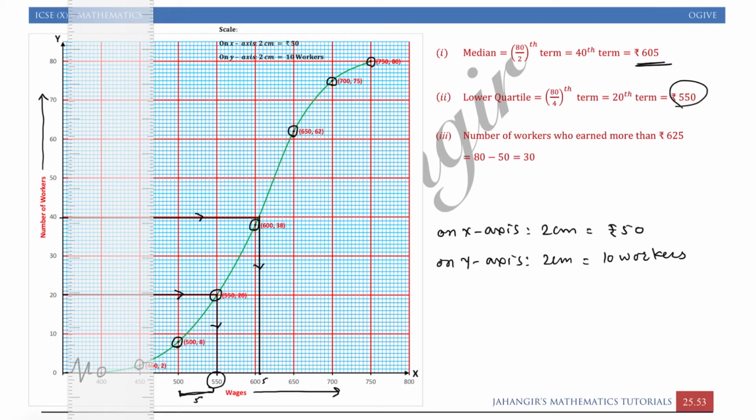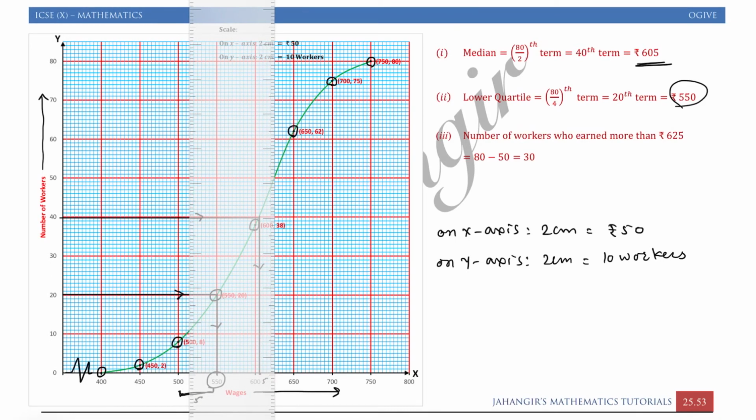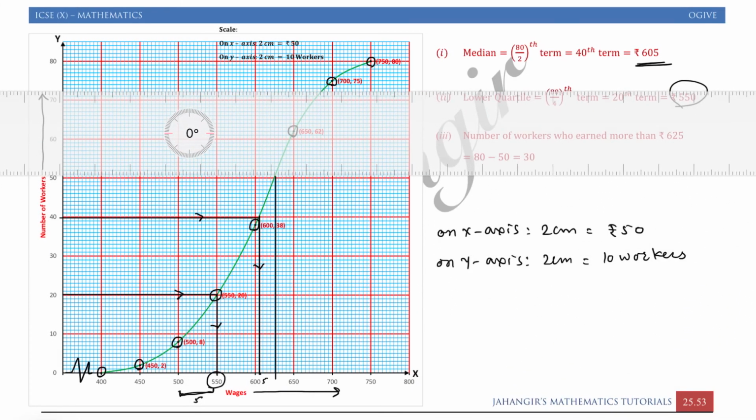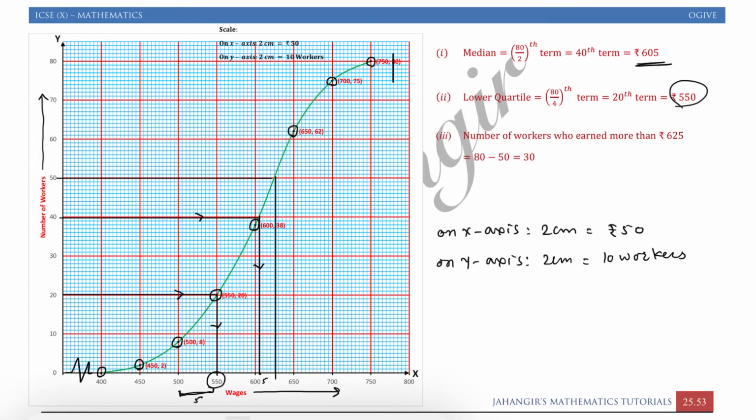Now we have to say number of workers who earn more than 625. So 625 pe I will mark a vertical line exactly in between 600 and this is 625.